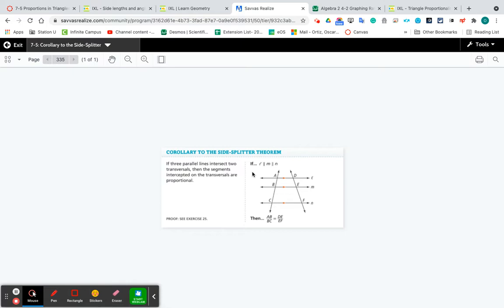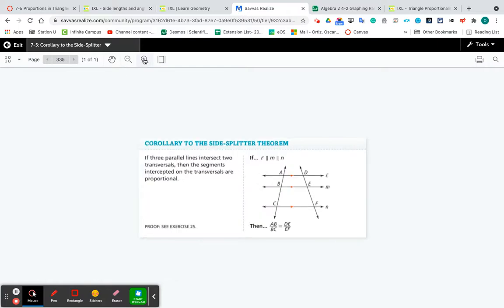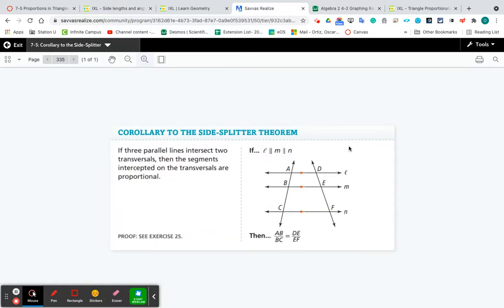We also have this important corollary of the side splitter theorem. So let's have a look. We can extend that idea. The same thing that happens in a triangle happens with parallel lines cutting two transversals.